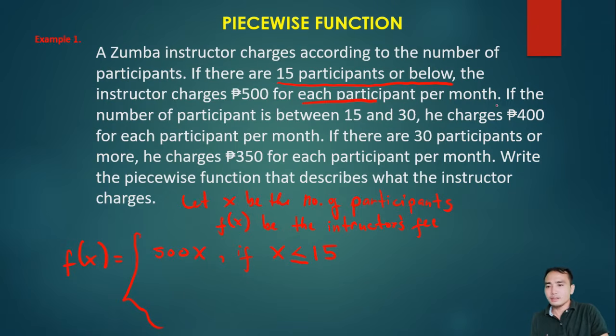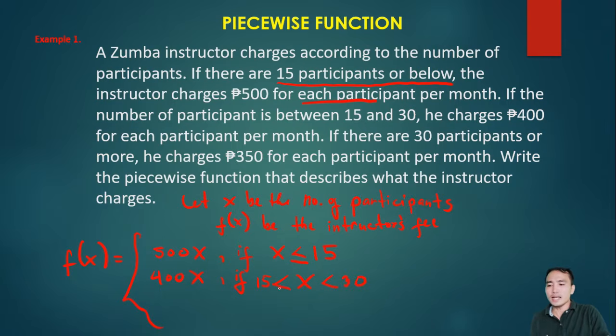Next condition tayo. If the number of participants is between 15 and 30. Babayad naman tayo ngayon ng 400 pesos for each participant per month. 400x if x is greater than 15 but less than 30.